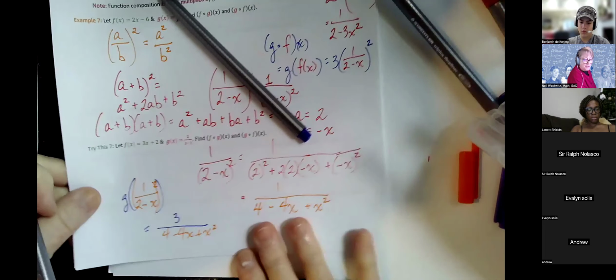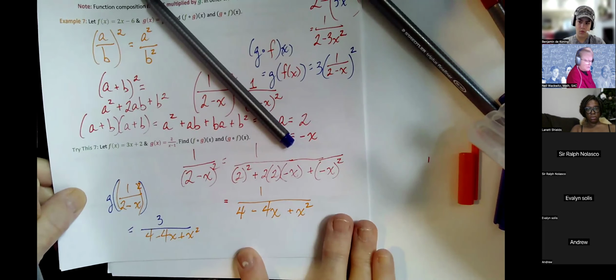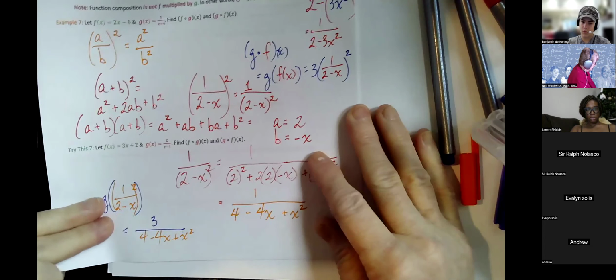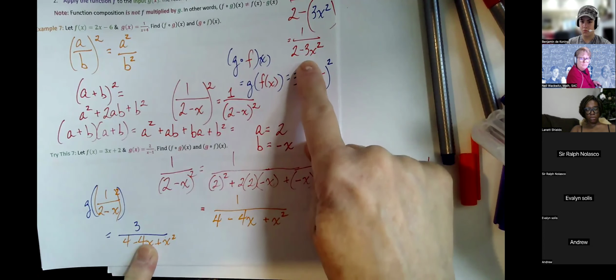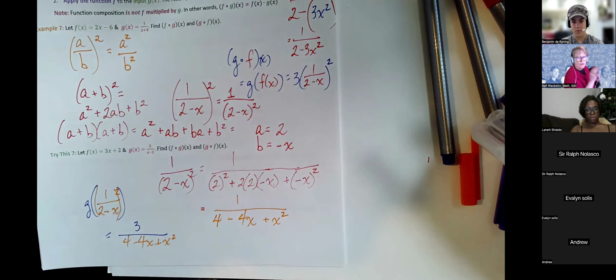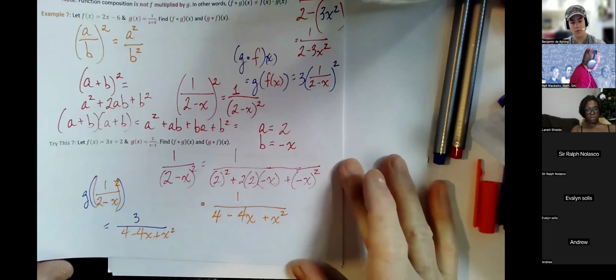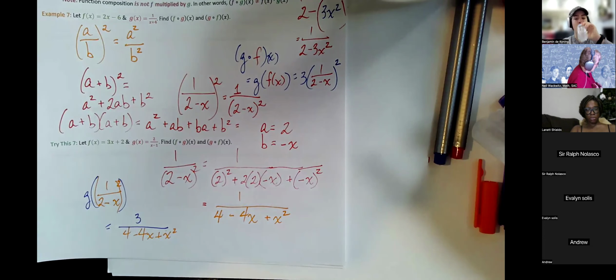So do g composed with f and f composed with g look the same? No. Not even close, which is really cool. Sometimes a function and another function have the same compositions, in which case they're called inverses.